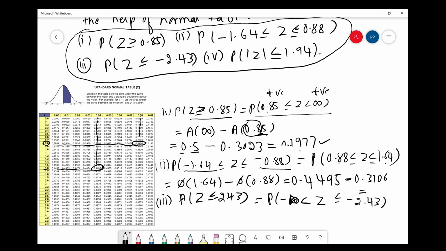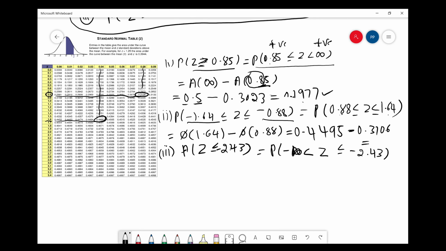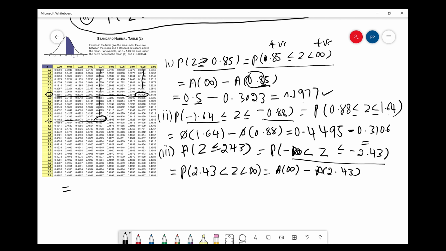Once again, the same as the previous case, a negative interval. This equals the probability of 2.43 less than z less than infinity, which equals A of infinity minus A of 2.43. A of infinity is 0.5, minus A of 2.43.